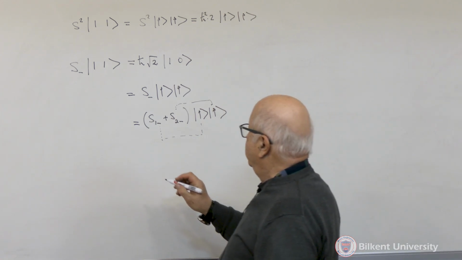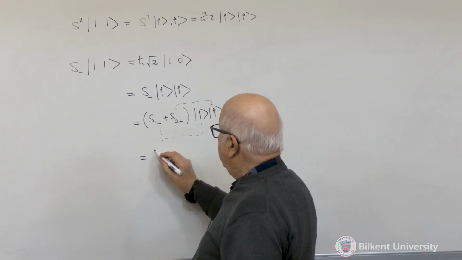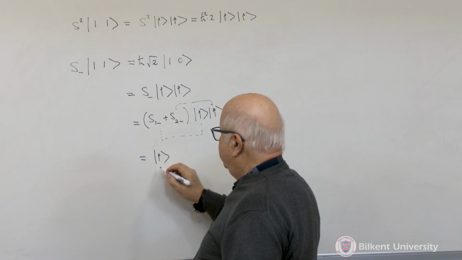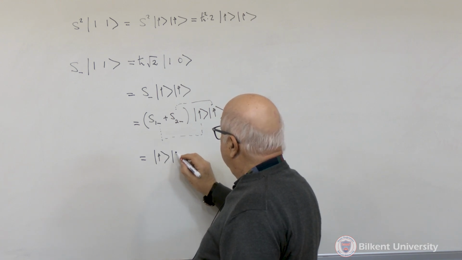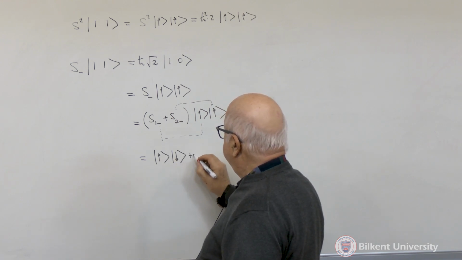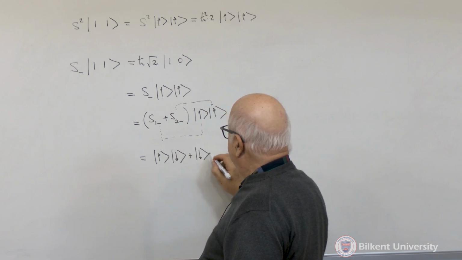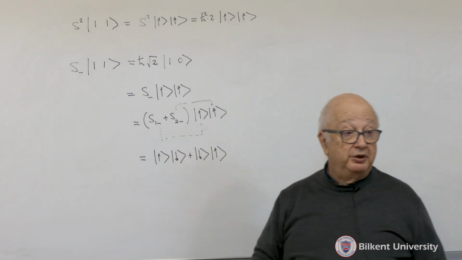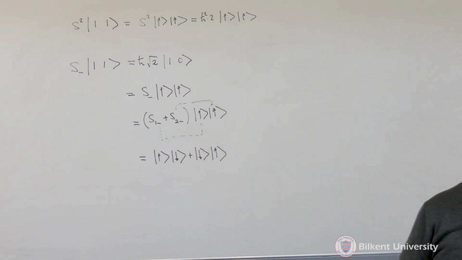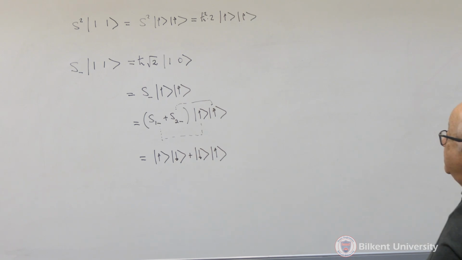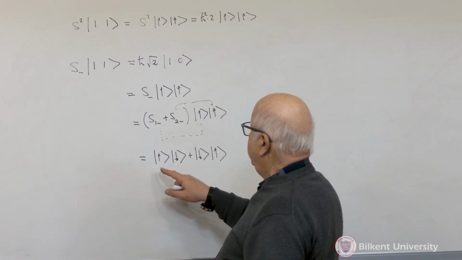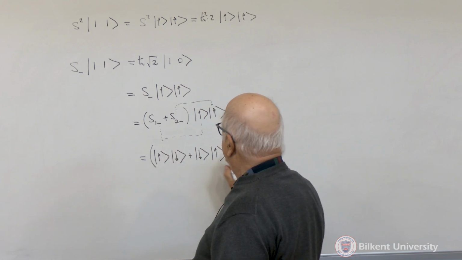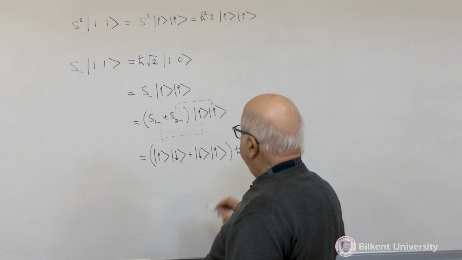Yes, okay, so the factors are 1, down, plus down, up. So one of them lowers the first object, the other one lowers the other object. So now, I again forgot my H bars. Okay, H bar.